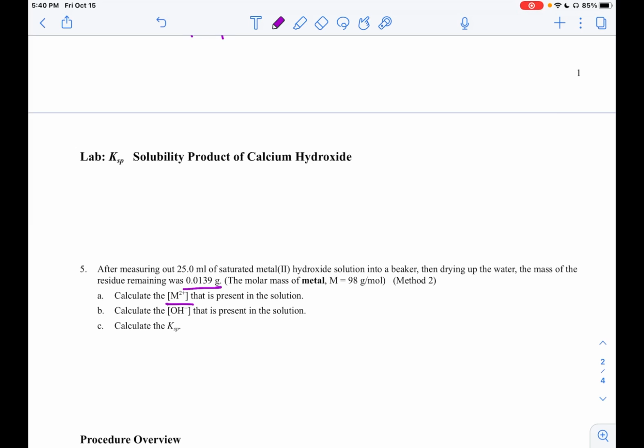So we have our grams of calcium hydroxide, and we can figure out the moles by using the molar mass.